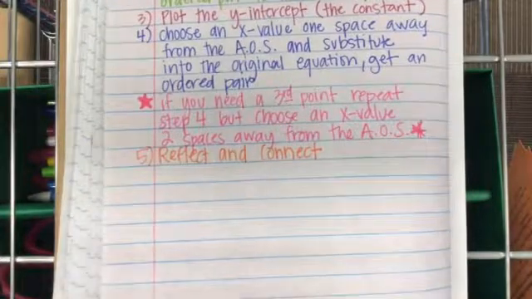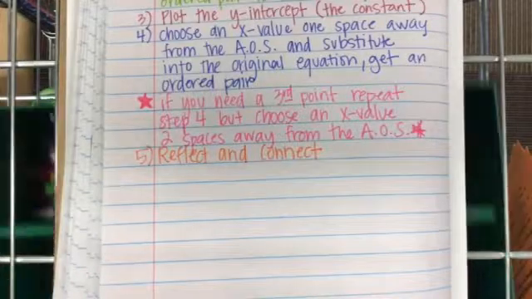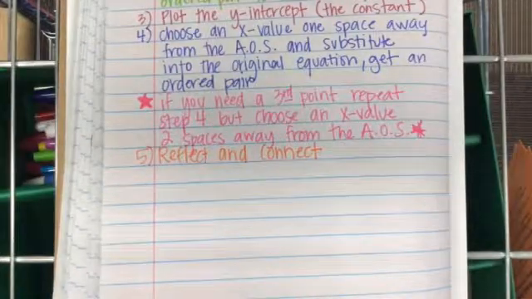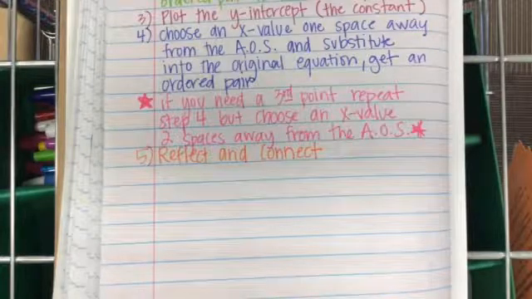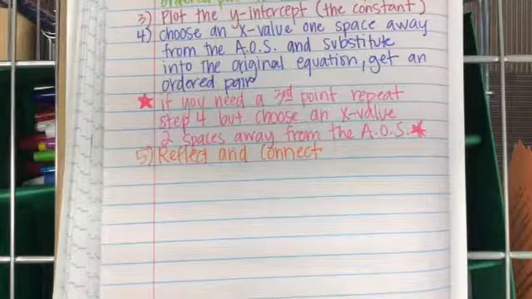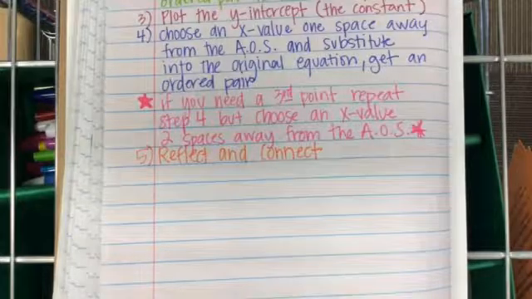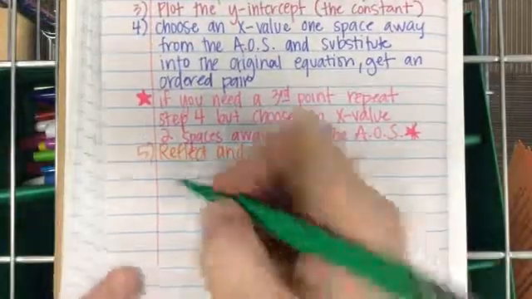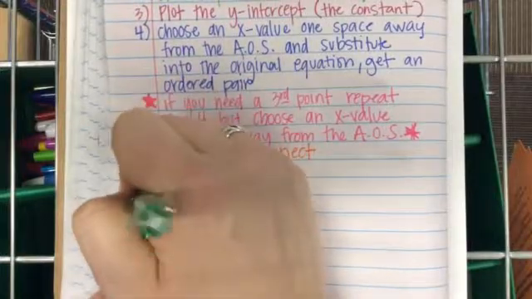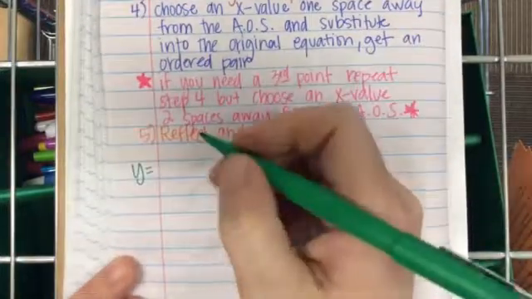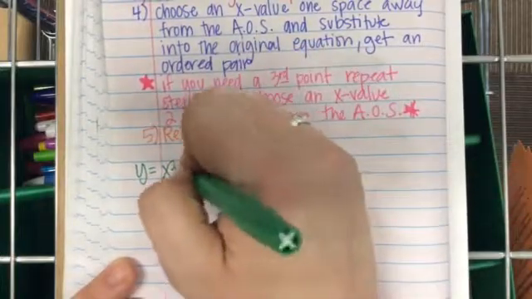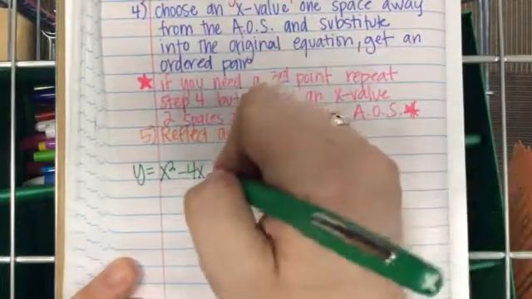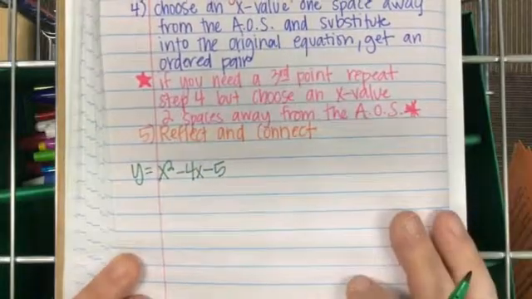All right, we got root. Ready? Y equals x squared minus 4x minus 5.